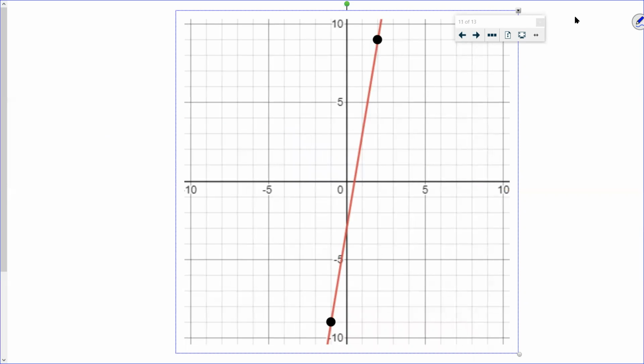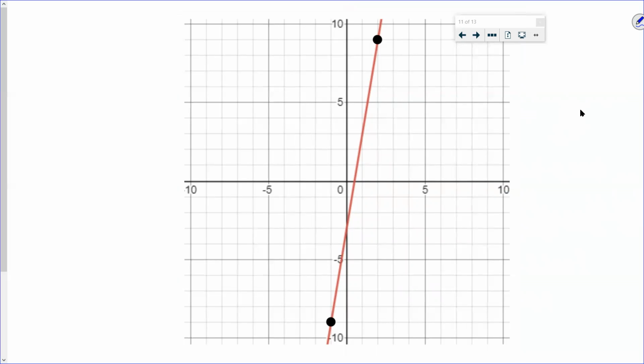Let's do one more because it's so much fun doing these. I actually think they're pretty cool. So let's find our slope here. We got this point way down here and this point way up here. Remember, we'll start at our furthest left point. We're going to rise, so we go up or down.